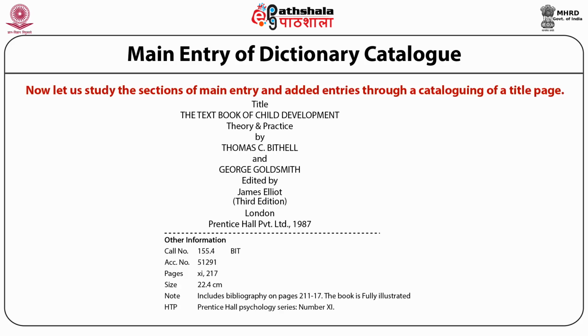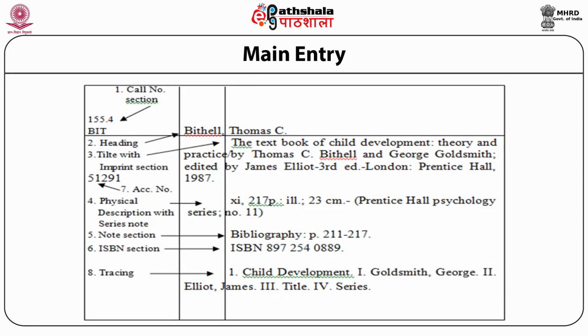Half title page. Information given on half title page: Prentice Hall Psychology Series number 11. ISBN number 89725408889.